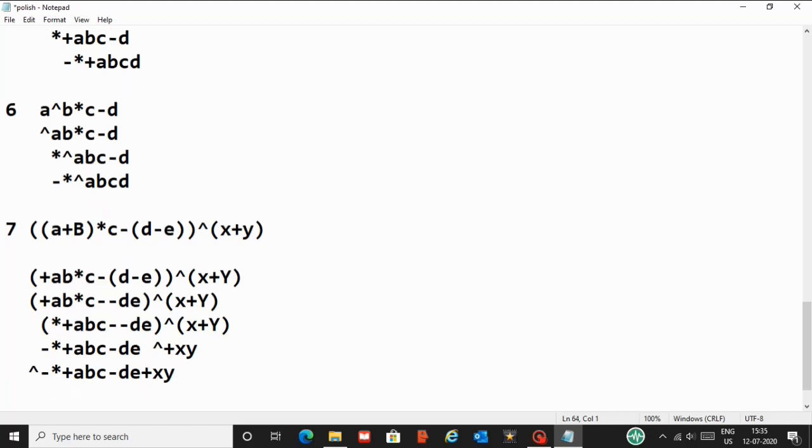So this is my resultant prefix expression for the infix expression 7.